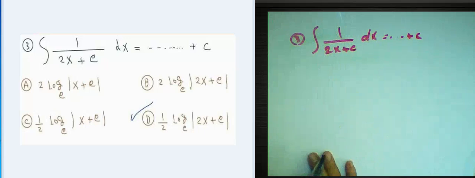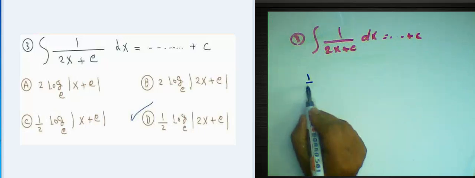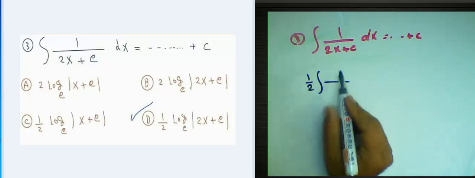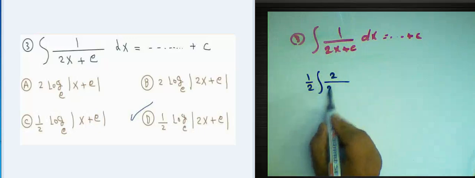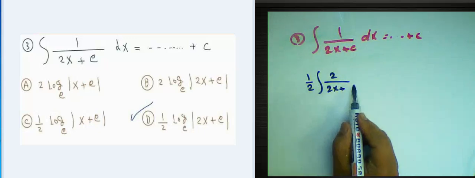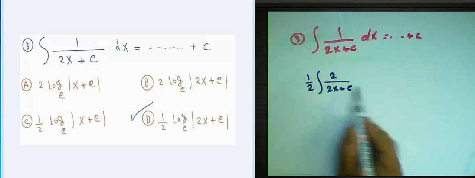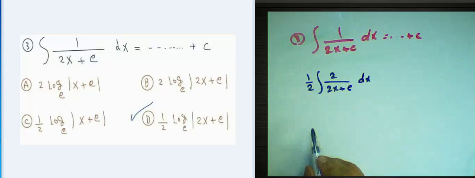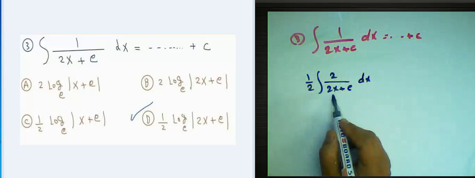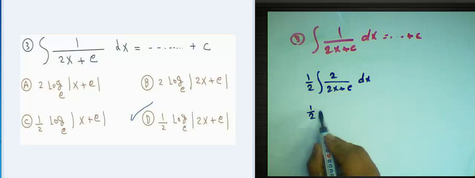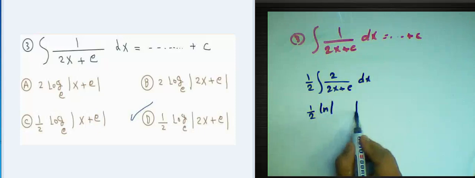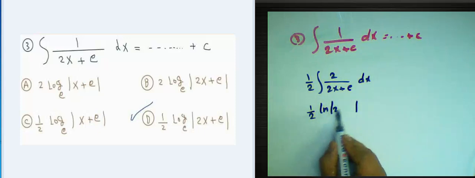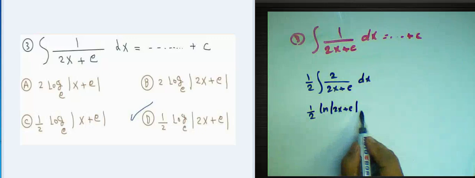Then you can write half outside and multiply by 2 in the numerator, so it will be 2 over 2x plus e, where e is the number, dx. Then the numerator is the derivative of the denominator, so the result will be half multiplied by ln of the absolute value of 2x plus e plus constant.